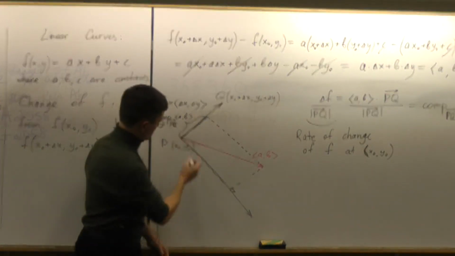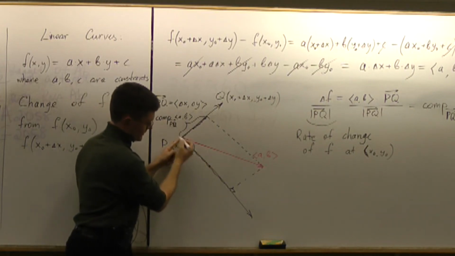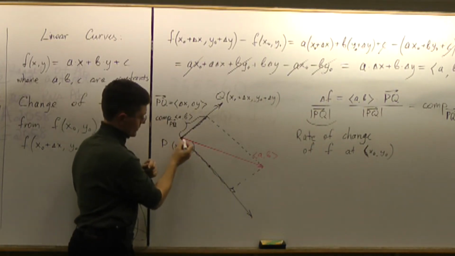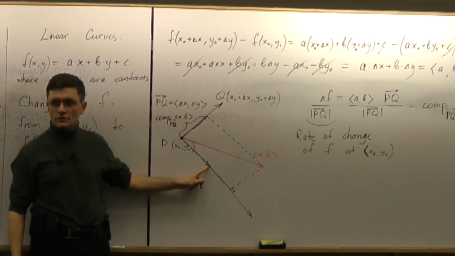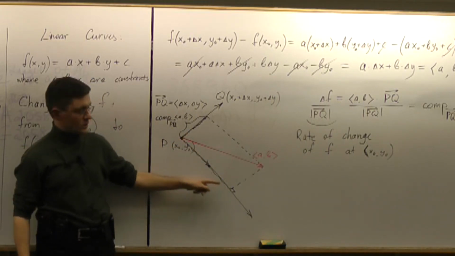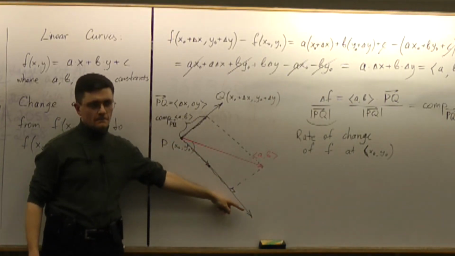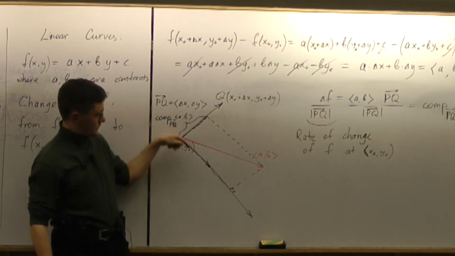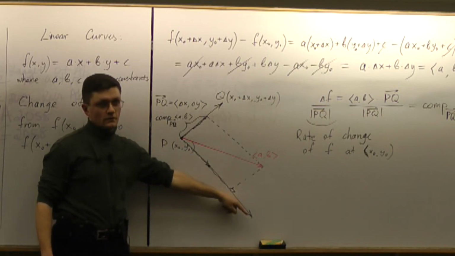Now, what if I want to change from that P to another point on the same line? What if I want to change from P to this point? What will be the rate of change? Well, it will be exactly the same. So the rate of change is going to be the same along the whole line here. No matter how far you go along this line, the rate of change is the same.